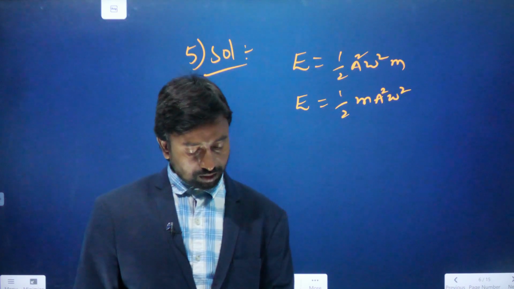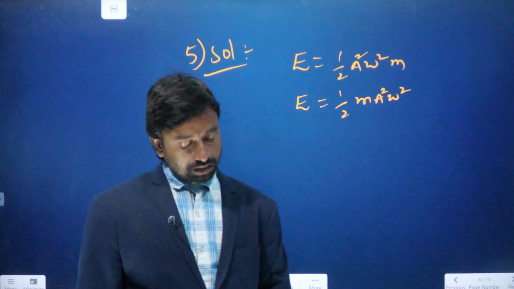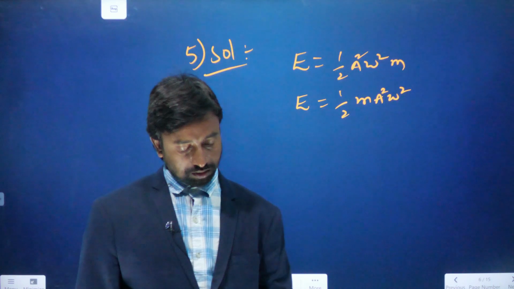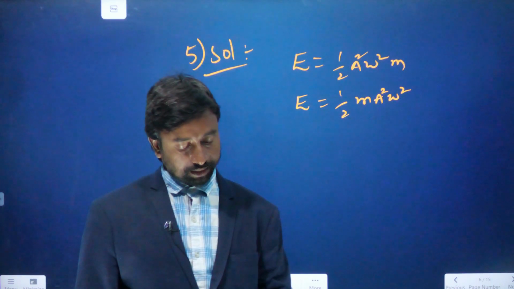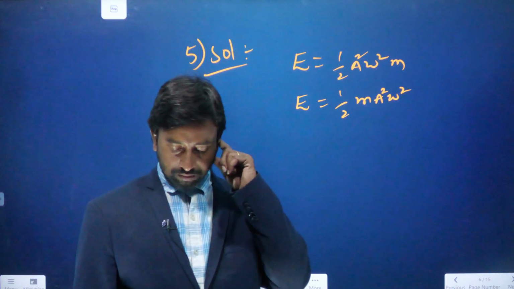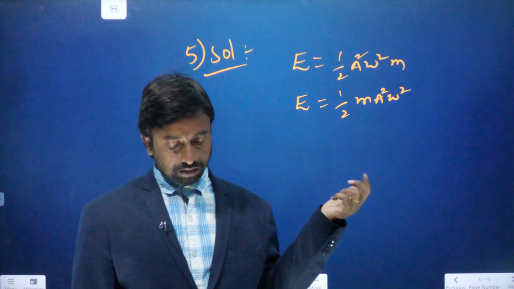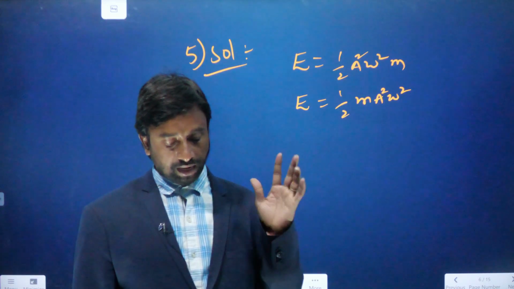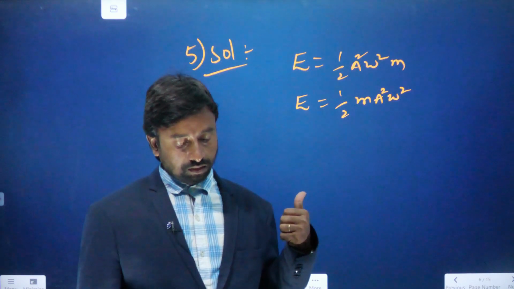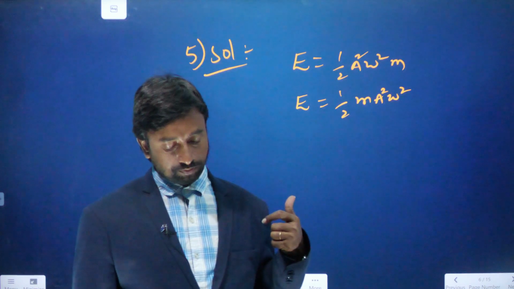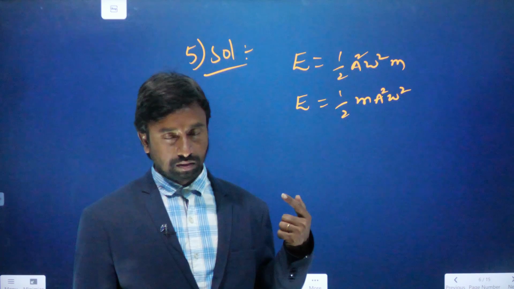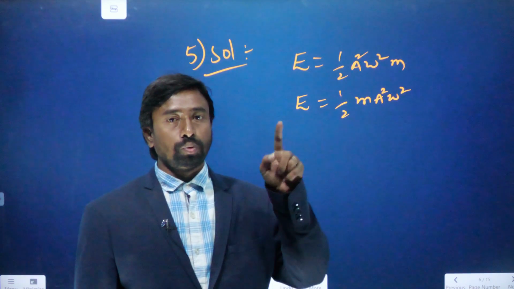From that we should find it by equating kinetic energy to 75% of its total energy. Kinetic energy KE is equal to 75 by 100 of the mechanical energy. The kinetic energy formula is half m omega square into a square minus y square, and the mechanical energy is half m omega square a square.